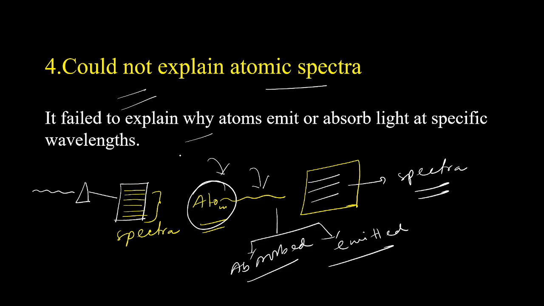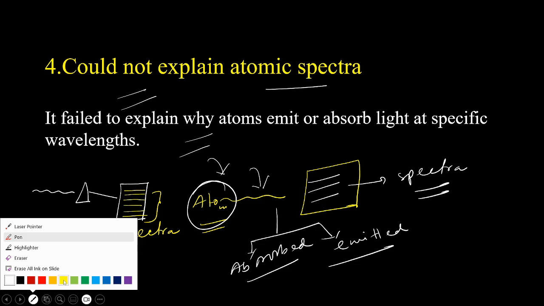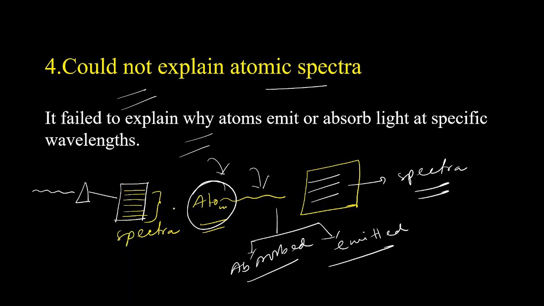It failed to explain why atoms emit or absorb light at specific wavelengths, as there is no concept of revolution or rotation of the electron around the nucleus, which later in Rutherford's atomic model we understood, and in Bohr's atomic model we got a proper understanding of how an electron jumps from one orbit to another.